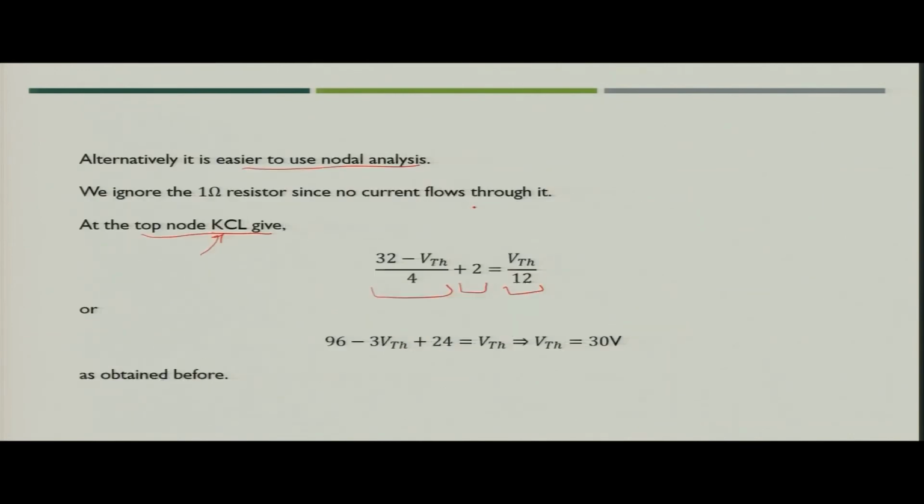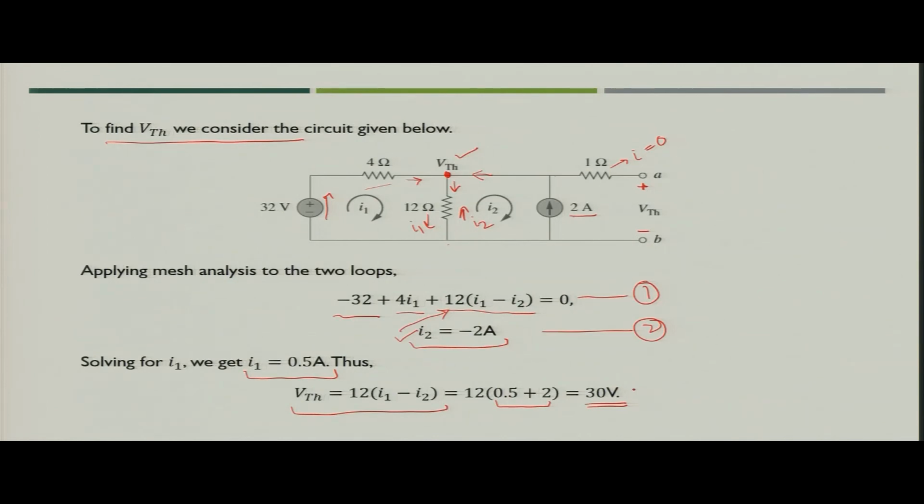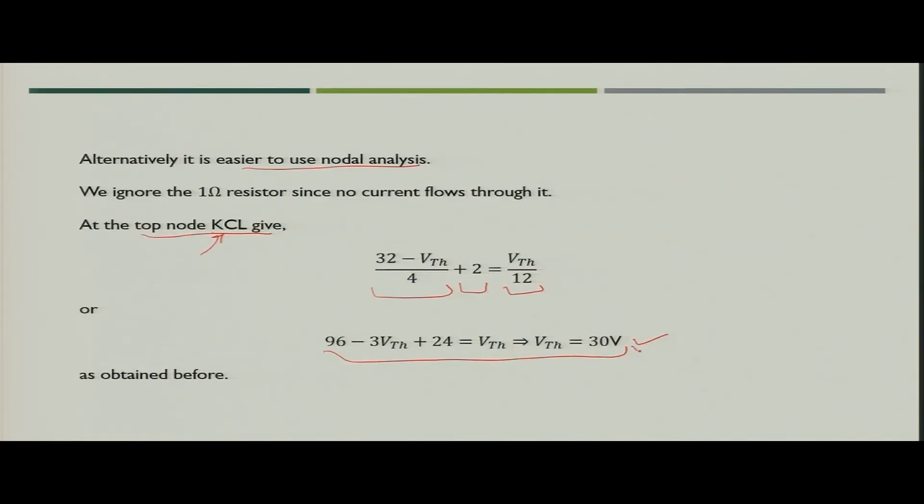You will simply get this equation when you apply the nodal analysis. Now, if you rearrange the terms and simplify, you will again get the Thevenin voltage, that is 30 volt. So, either you apply mesh analysis or nodal analysis, in both ways you will get the same Thevenin voltage.